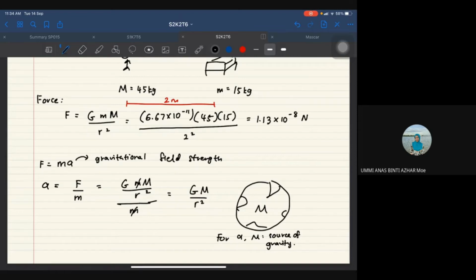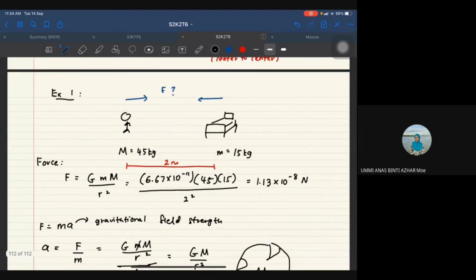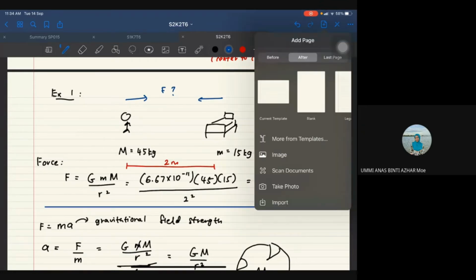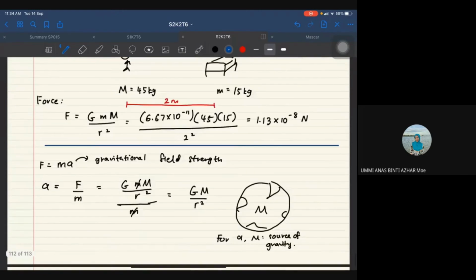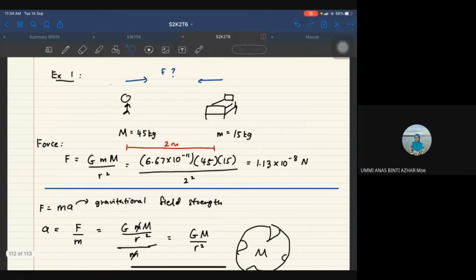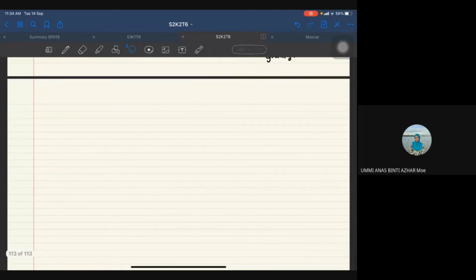Okay, now back to our situation over here. We're still going to use the same example, but now we want to calculate the values of A. So I'm going to take this diagram and put it over here.